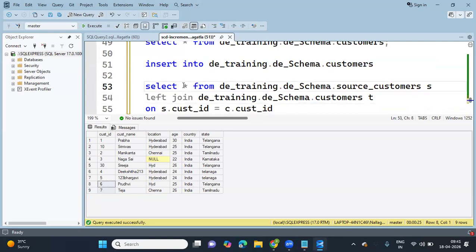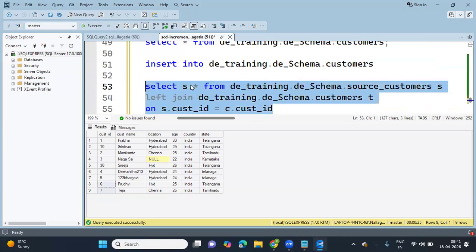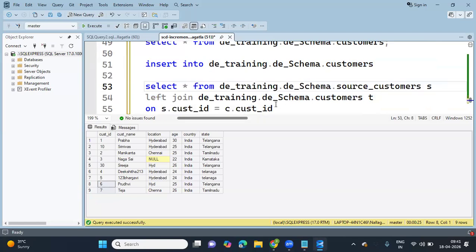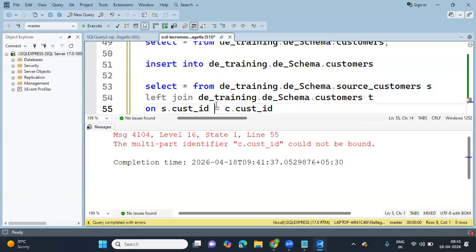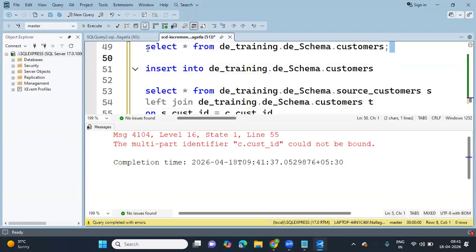So I want to get the data from the source. Okay, let's get all of that. Could not be found. Why? Let's see, the column is customer ID.